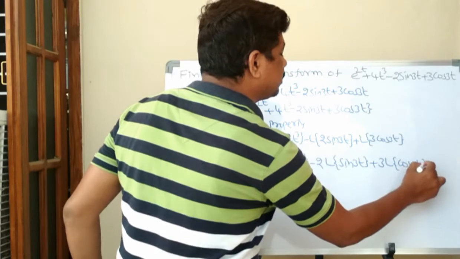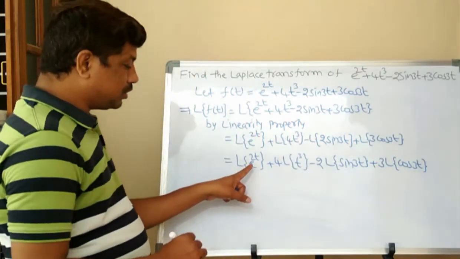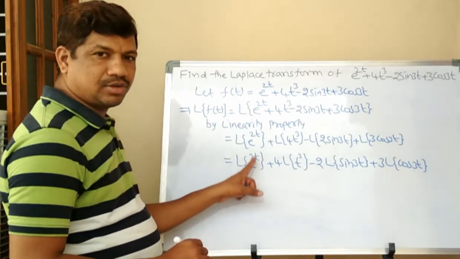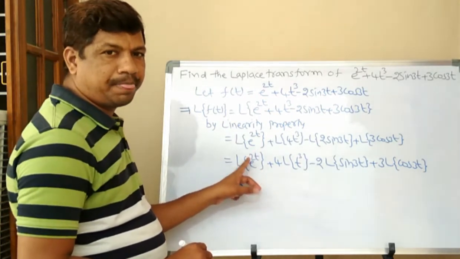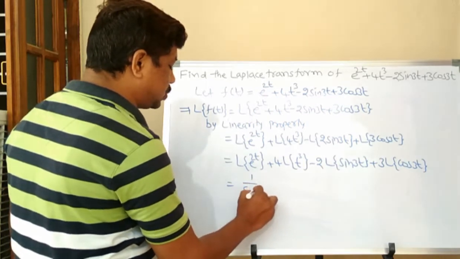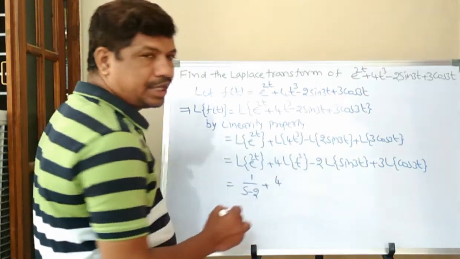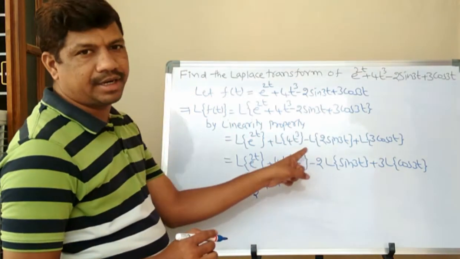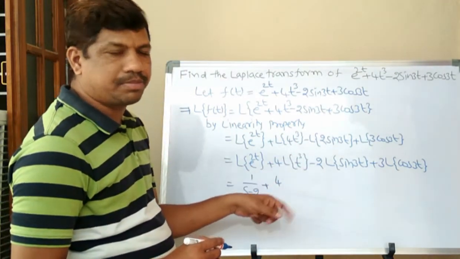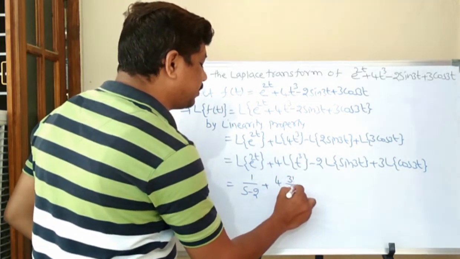Now we have the formulas for the individual terms, so by using them I can write here. Laplace of e power at means 1 by s minus a, that is 1 by s minus 2, plus 4 into Laplace of t cube. Laplace of t power n means n factorial by s power n plus 1, that is 3 factorial by s power 3 plus 1.